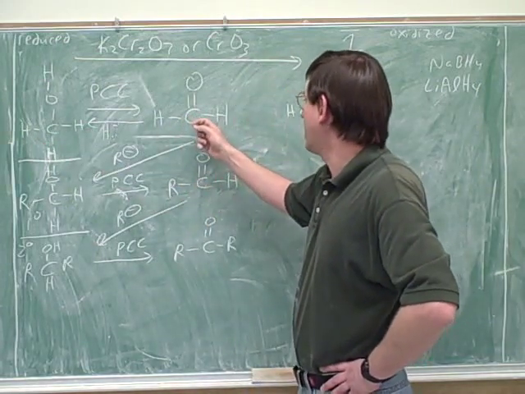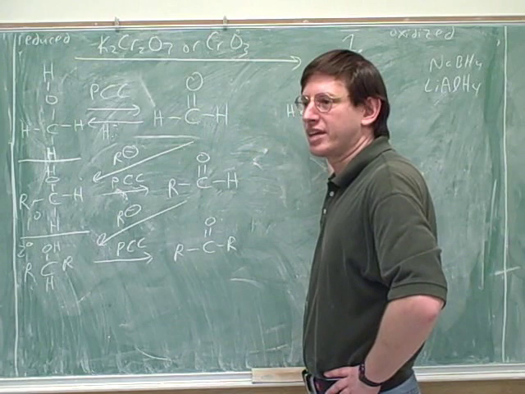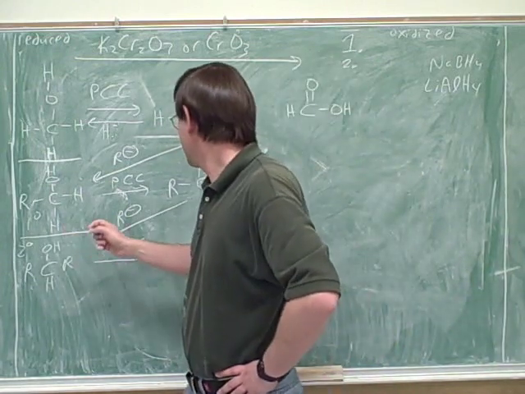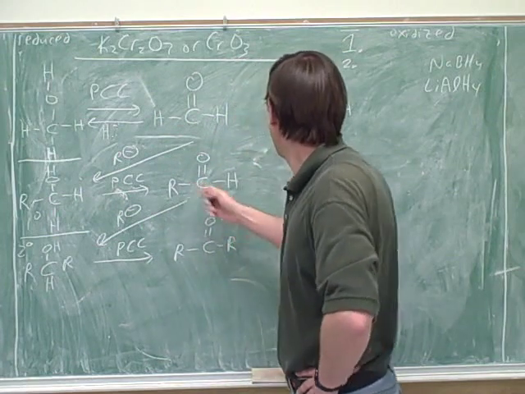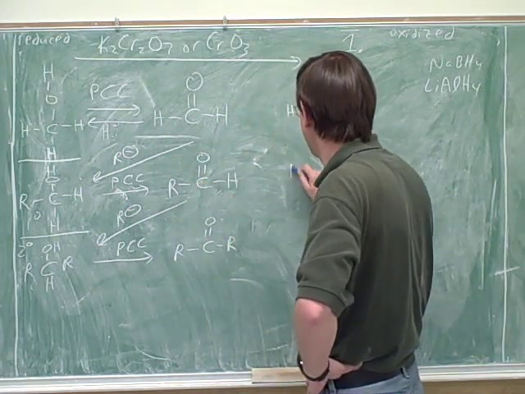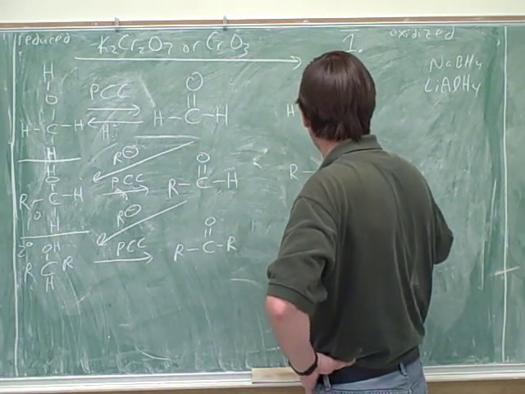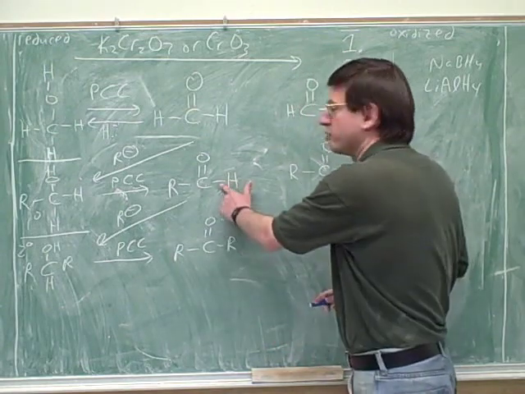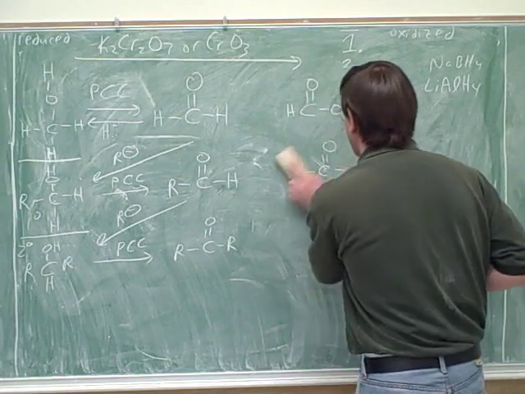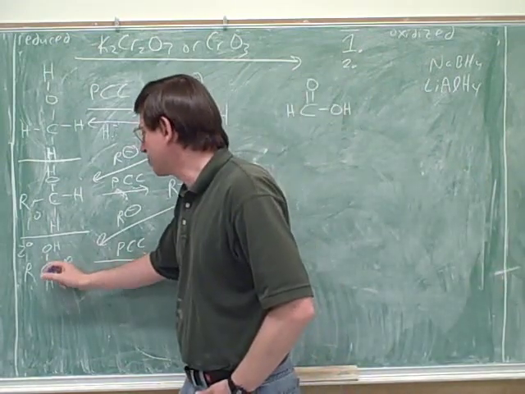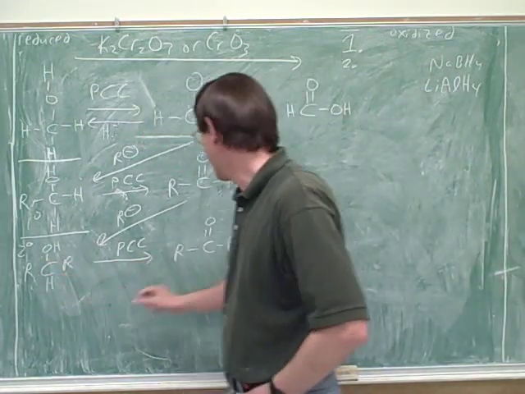And then when we over-oxidized, we broke this carbon-hydrogen bond to get to here. Or here, we broke this carbon-hydrogen bond to get to this. And if it was going to over-oxidize, we would break this carbon-hydrogen bond to get to this. When we oxidized this, we broke this carbon-hydrogen bond, and that gave us this.